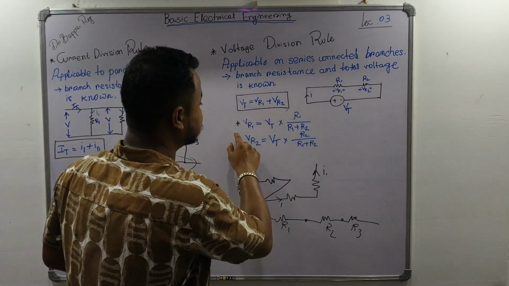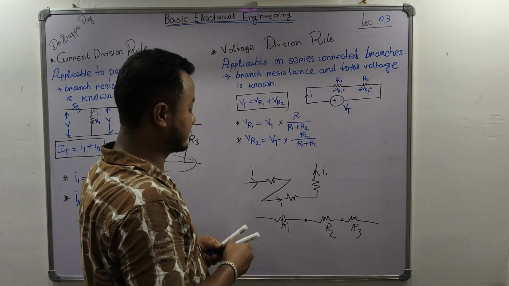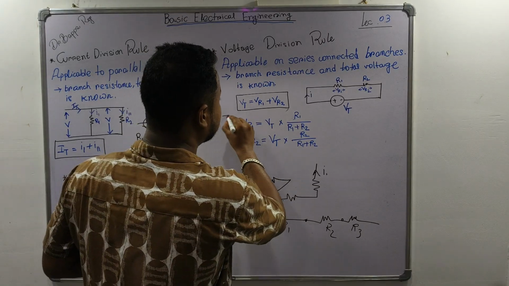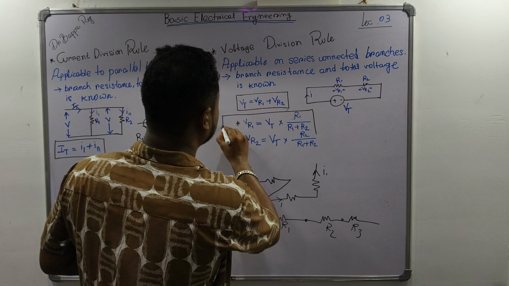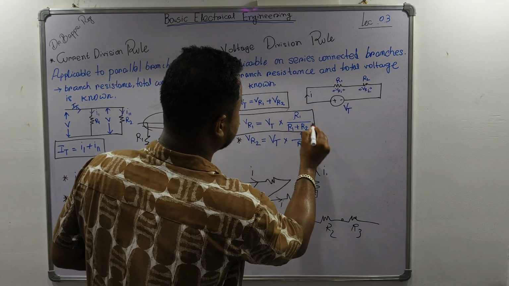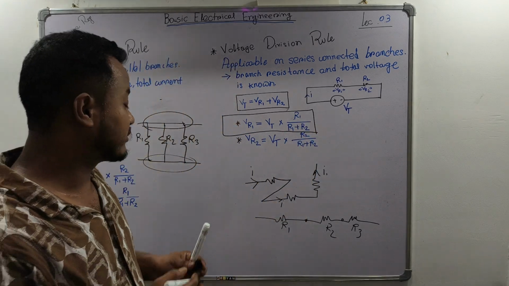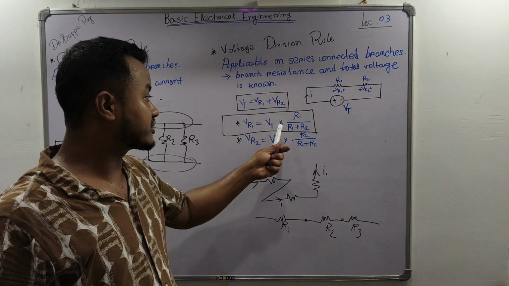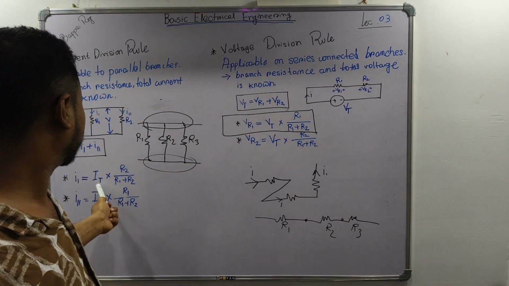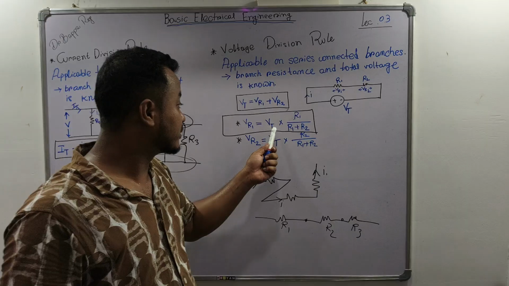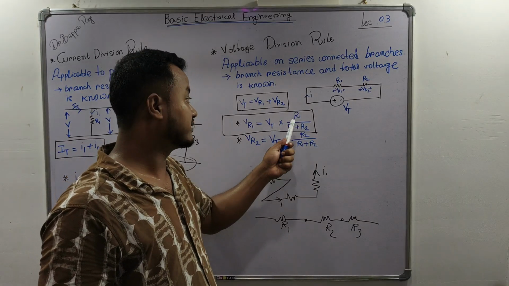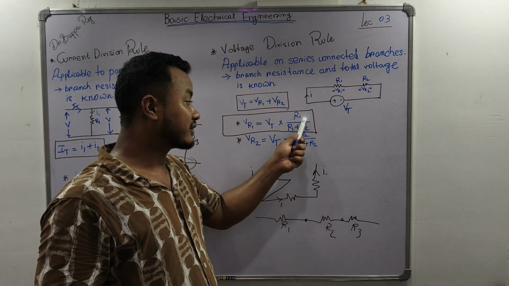So if you want to calculate VR1, first see VR1. In the current division rule it was total current; here, total voltage multiplied by R1.